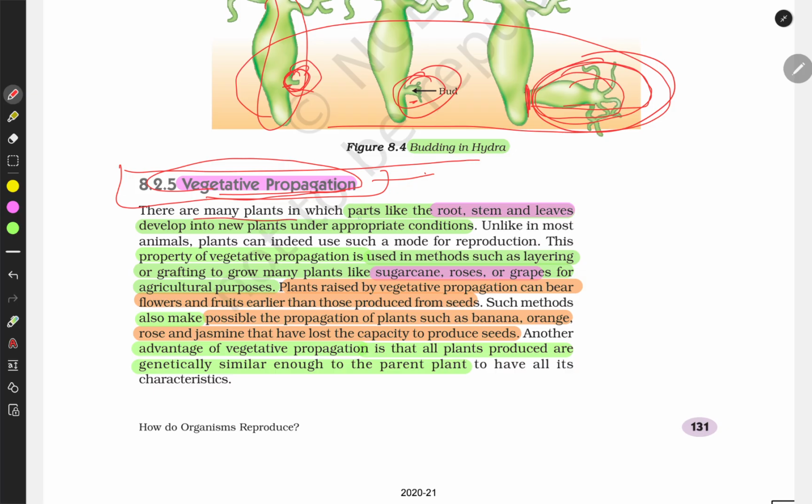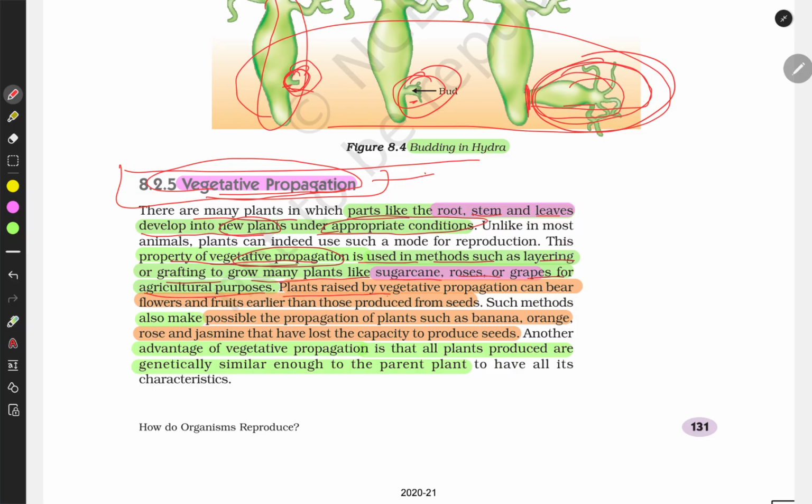There are many plants in which parts like root, stem, leaves develop into new plants under appropriate conditions. The property of vegetative propagation is used in methods such as layering or grafting to grow many plants like sugarcane, rose, grapes for agricultural purposes.